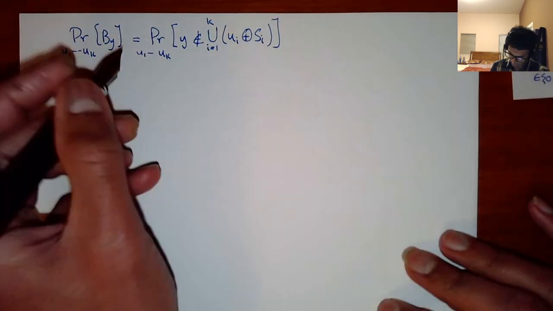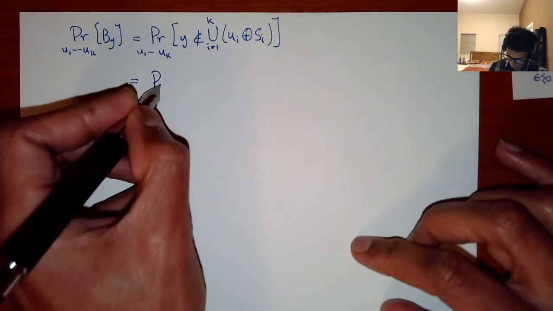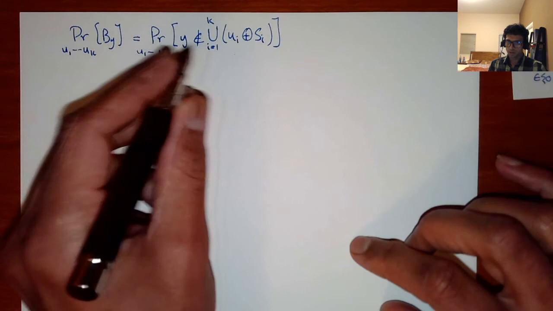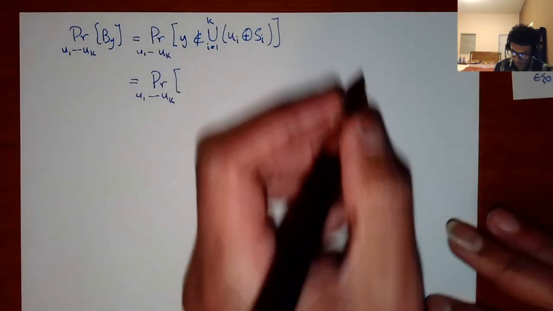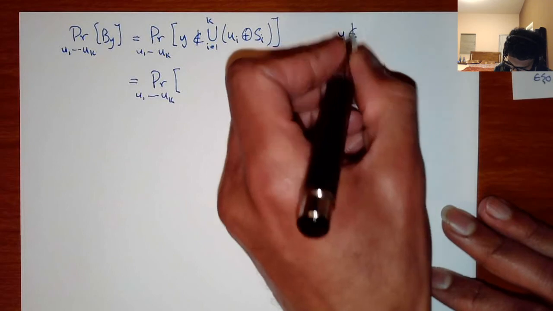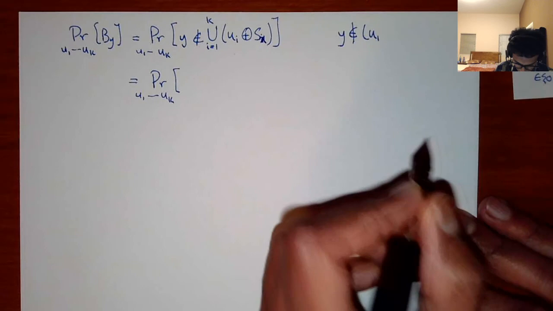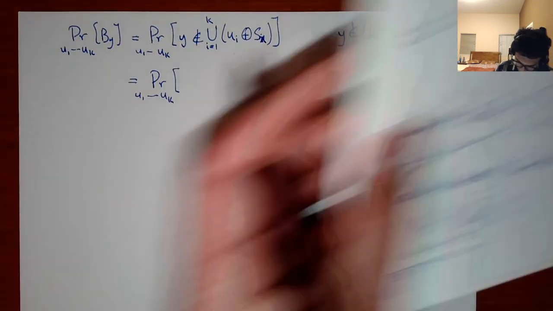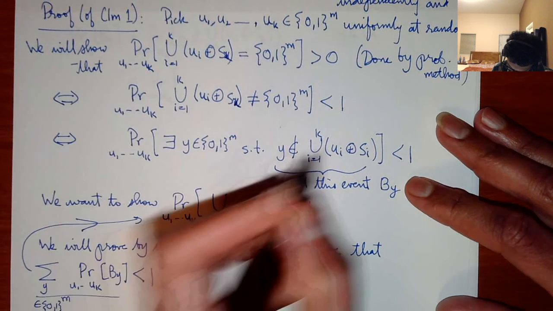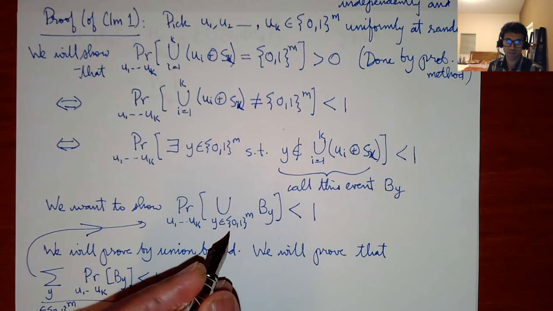So there are k events here. What does this mean? This is S of x, sorry, my apologies, this should all be S sub x.